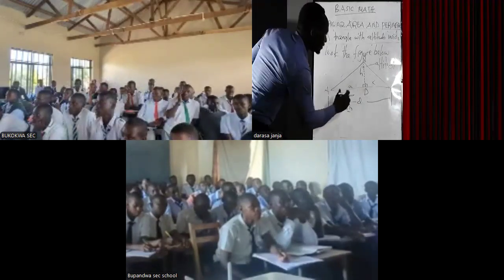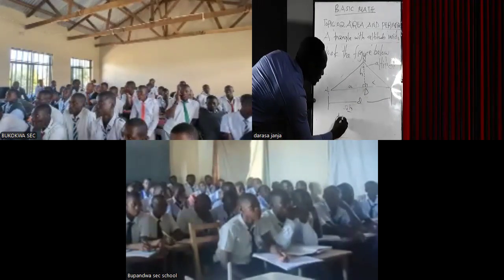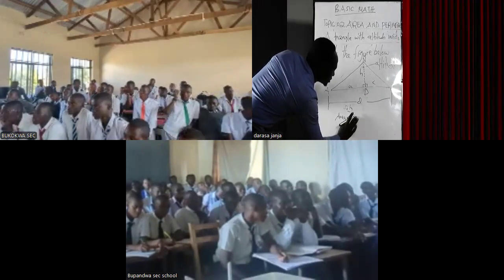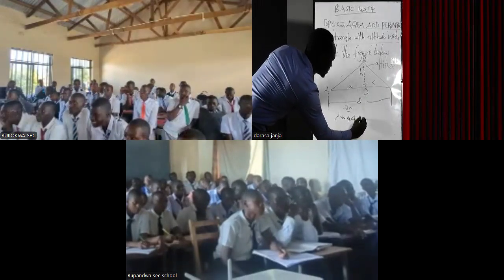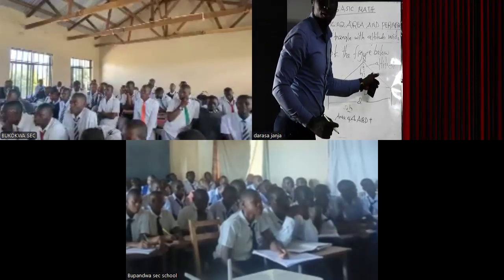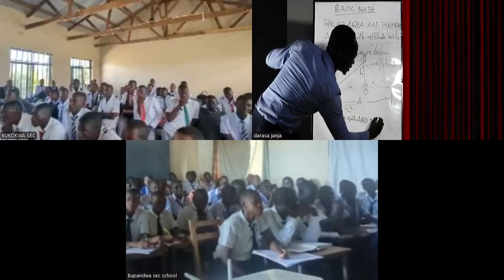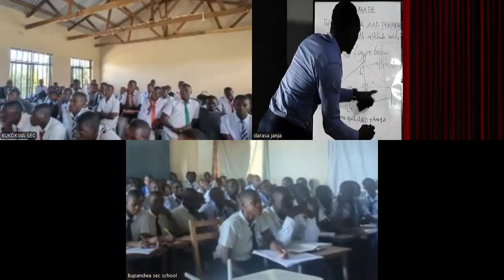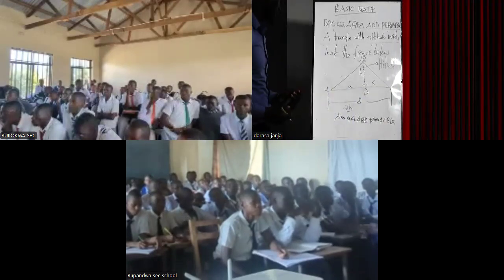So find the area of this first triangle, area of triangle, let's say A, B, D, plus area of the second triangle, which is B, D, C. So I've got two triangles there.